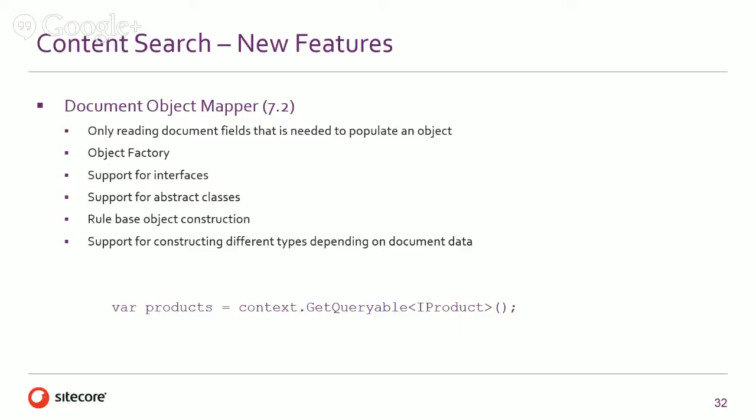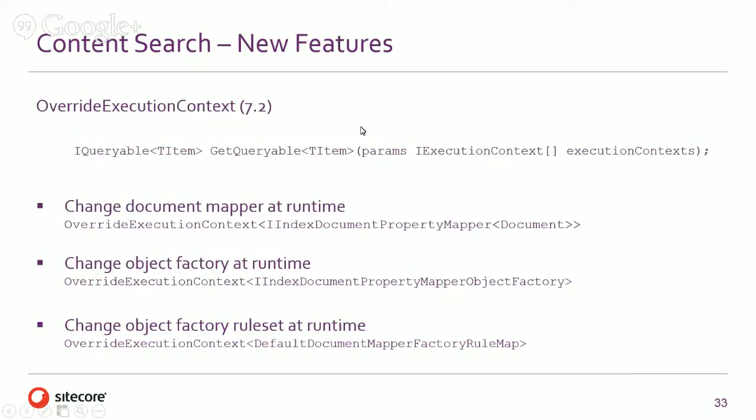So if you change to the next slide, we have an override execution context, which you can use to change out settings at runtime. So you can change out the document mapper at runtime.